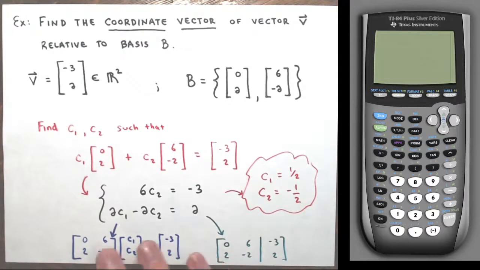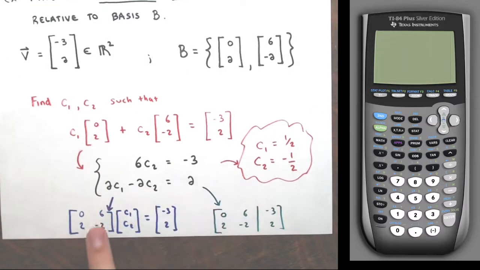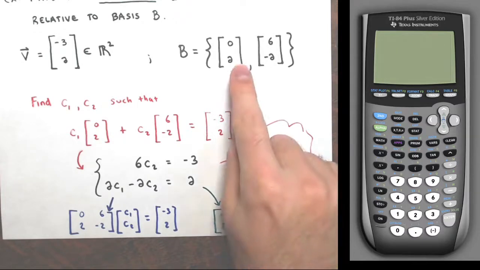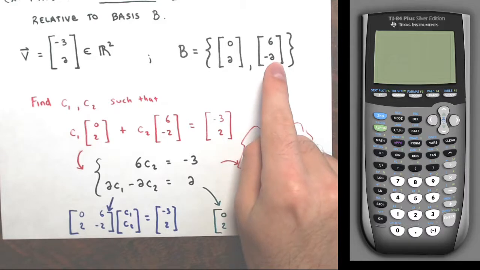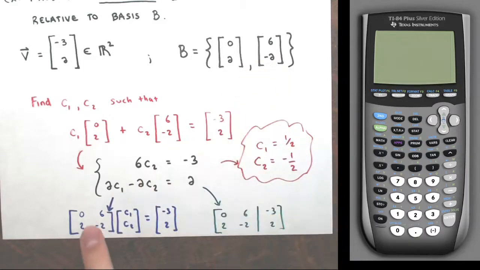You could show either way. Now, what do you notice though? What you're going to notice is that this coefficient matrix, this matrix here, same thing with the left side of the bar and the augmented matrix, see how these are just made up of the vectors from B, from the basis: 0, 2, 6, negative 2.